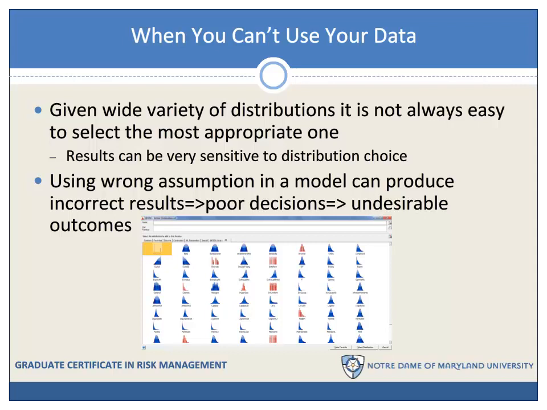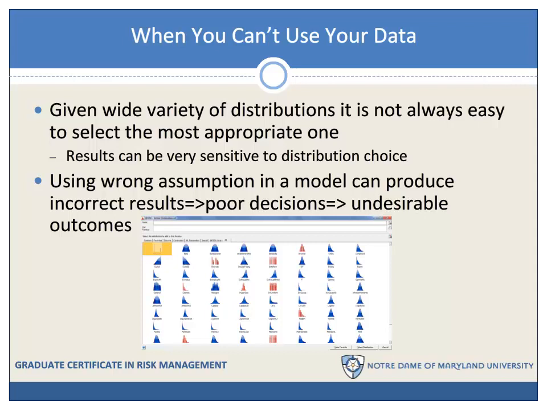And the results of your risk assessment model can be very sensitive to the distribution choice that you make. If you use the wrong assumptions in a model, it can produce incorrect results. And if we make decisions based on incorrect results, we may be making poor decisions. Poor decisions can have undesirable outcomes. So the stakes are actually quite high here.